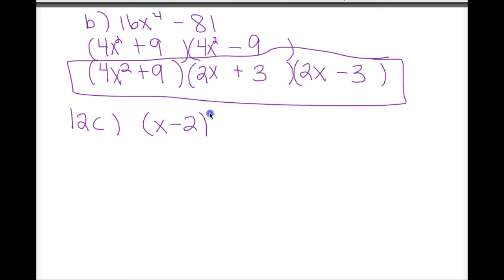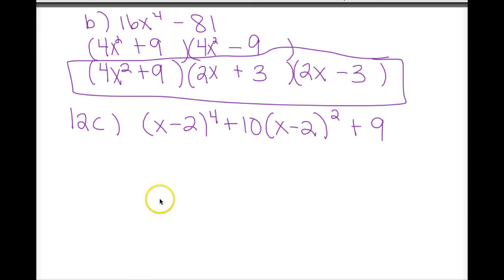Finally, 12C. X minus 2 to the fourth plus 10 x minus 2 squared plus 9. This is very, very similar to the one that you did in your homework the previous night, the one that was in number 2 and 3 on page 267.